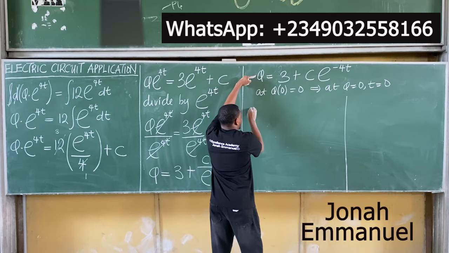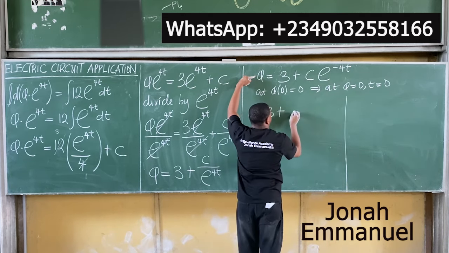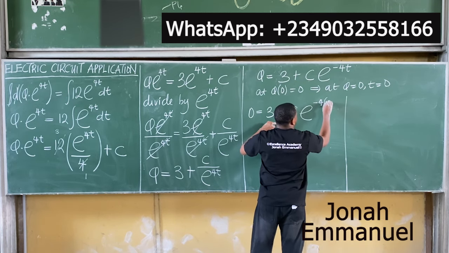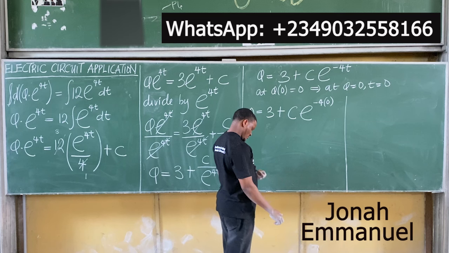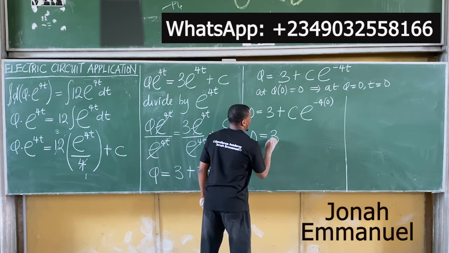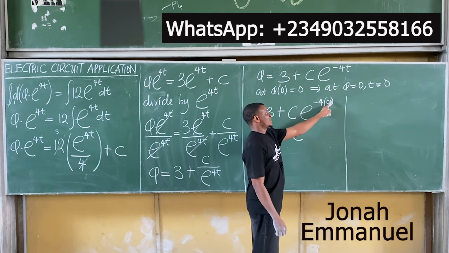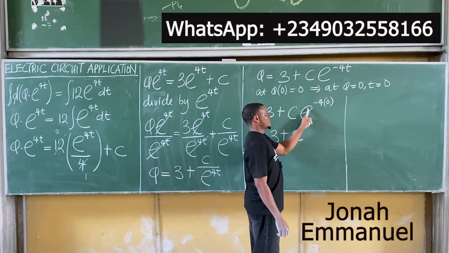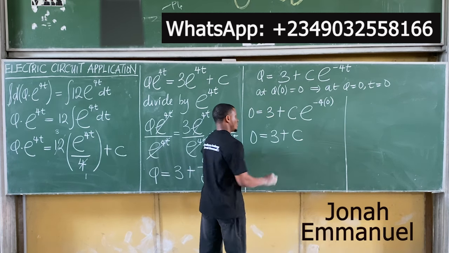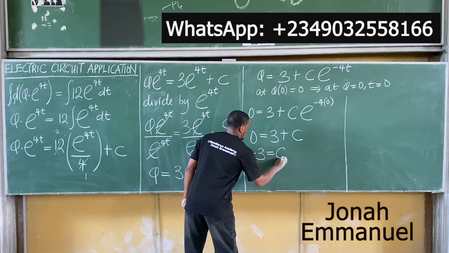At q equal to 0, we have 0 is equal to 3 plus c exponential minus 4t, and at t equal to 0 this becomes minus 4 times 0, which is 0. Exponential 0 is 1, and 1 times c is c. Move this over here, and it becomes minus 3 equals c.